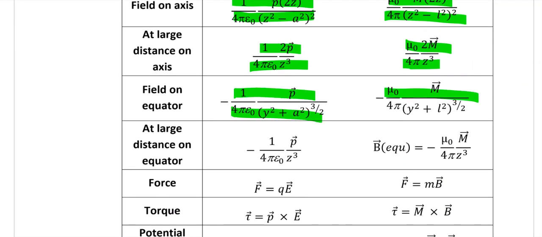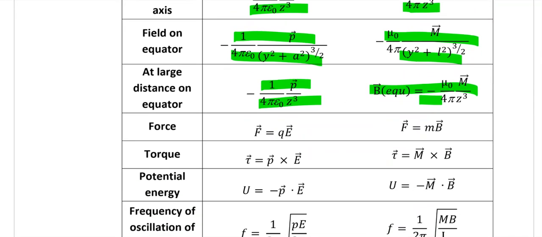Field on the equator, at large distance. Yes, this is another thing. Electric force is F, which is charge into electric field. Similarly, magnetic force can be defined as pole strength into magnetic field. Now, there is one difference. You can have a single positive charge, but you cannot have a single north pole.